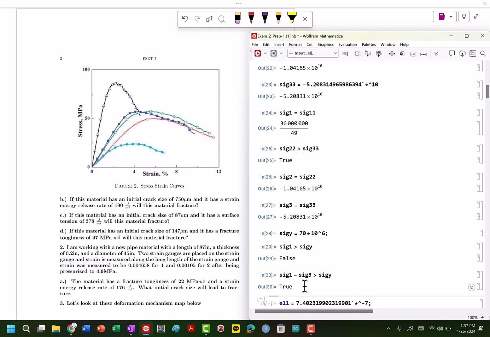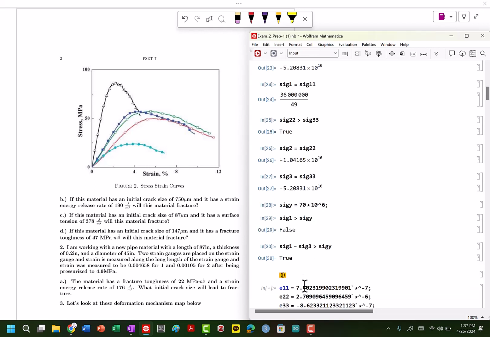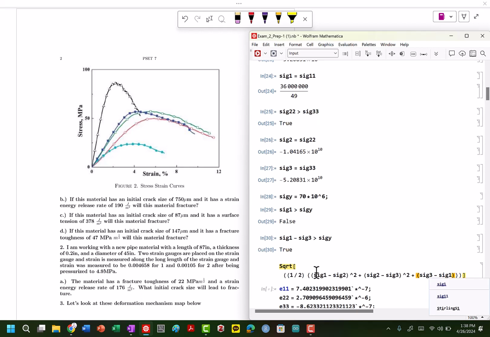And then finally, for the von Mises criteria, it's going to be, excuse me, the square root of 1/2 times (sig 1 minus sig 2) squared plus (sig 2 minus sig 3) squared plus (sig 3 minus sig 1) squared.